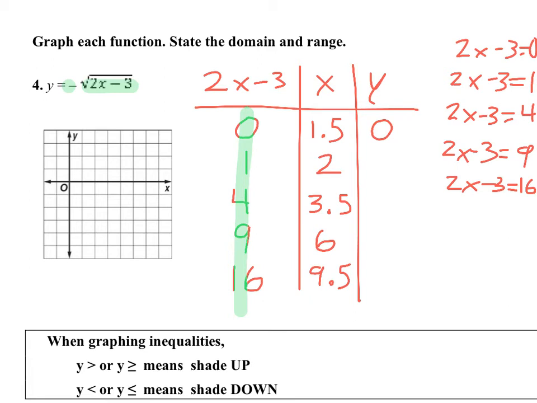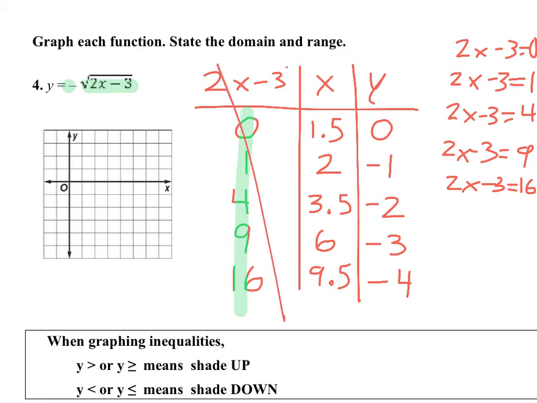The square root of 1 is 1, and we multiply that by negative 1. Square root of 4 is 2, and we make that negative. Square root of 9 is 3, multiply by negative 1. Square root of 16 is 4, and we multiply that by negative 1.